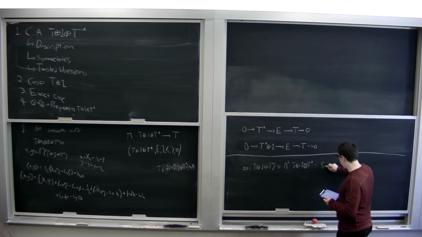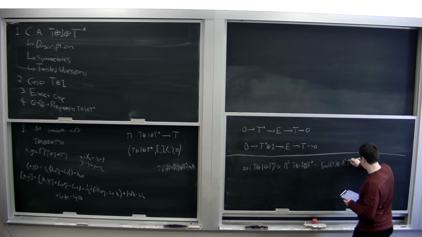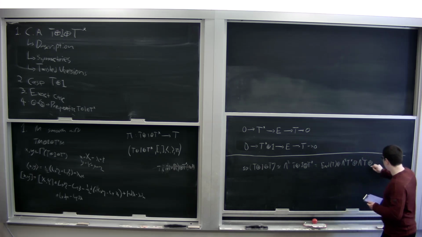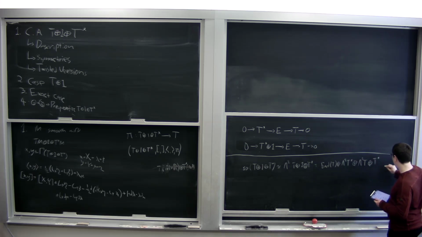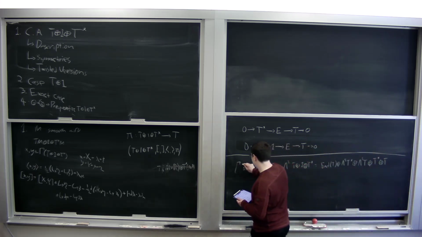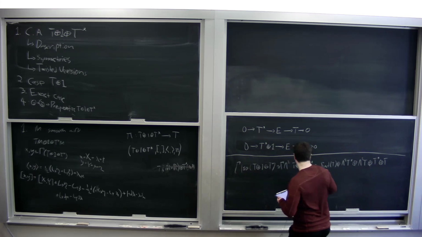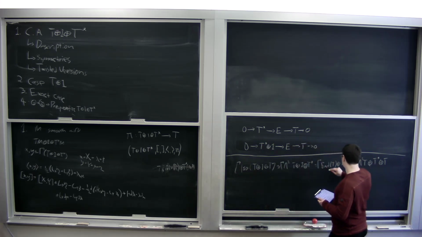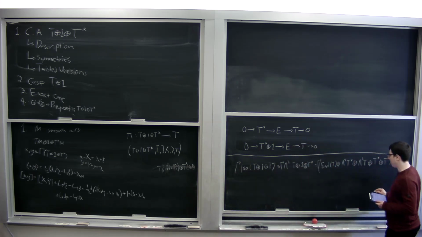We get the endomorphisms of T, and then wedge 2 T star, its dual, or wedge 2 T, and then just T star and T. So if we're looking at sections of this thing, we have two types of important elements.